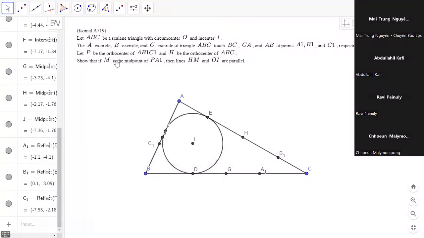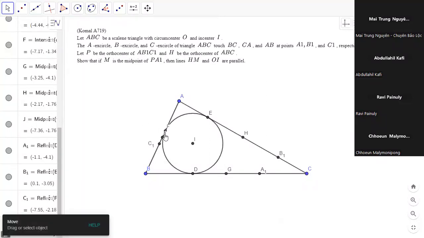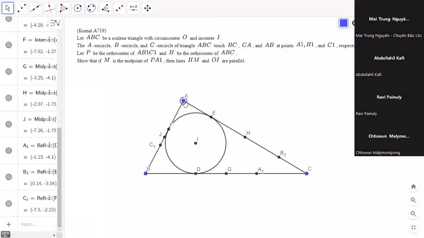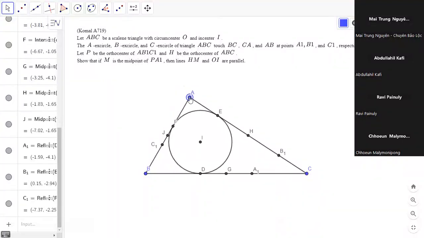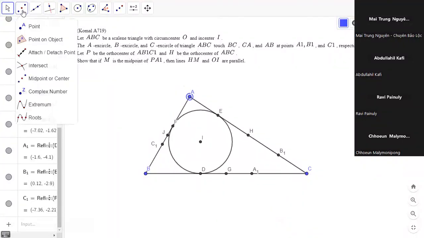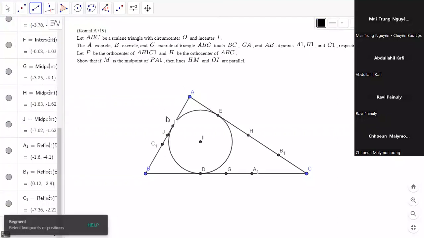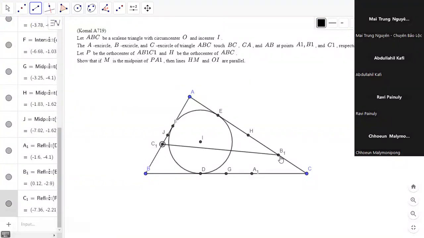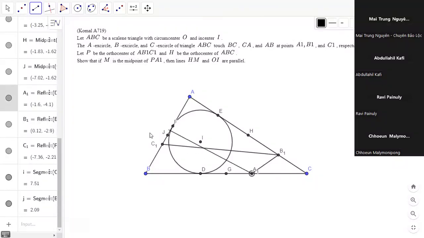Then we draw the orthocenter of A1, B1, C1. I don't think I've ever seen that before. So we have this triangle right here, and we draw its orthocenter. A, B1, C1. Oh, you're right. A, B1, C1.